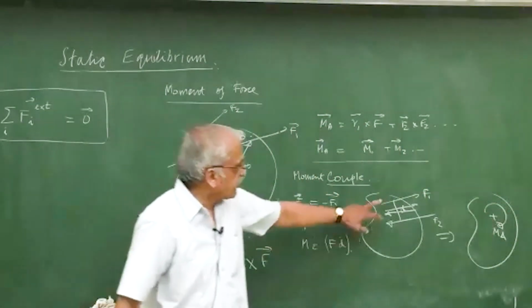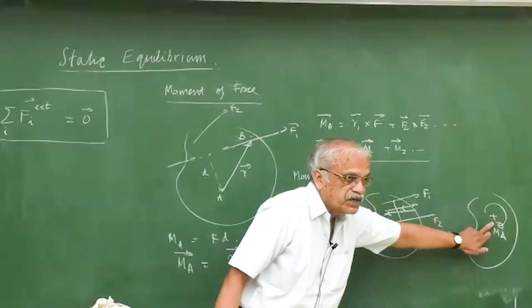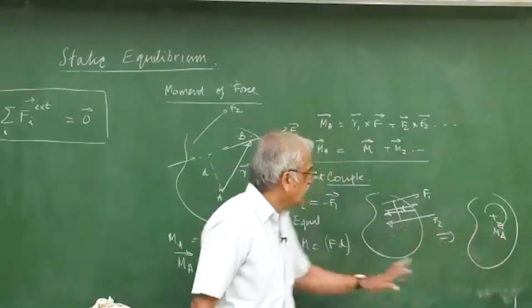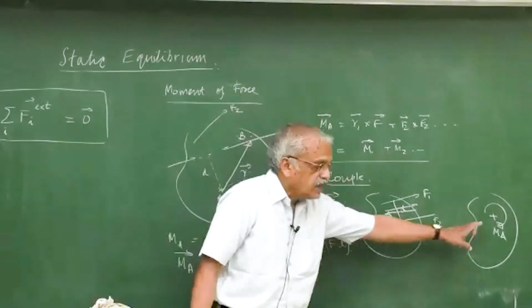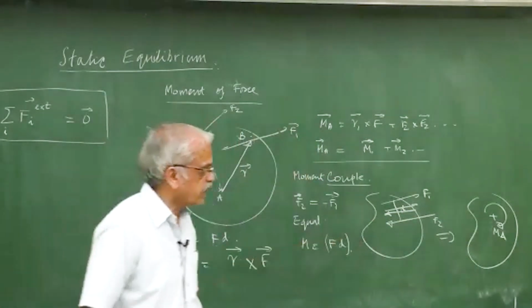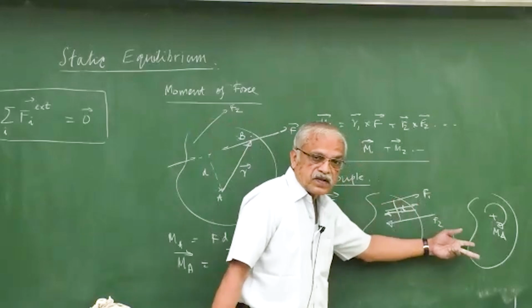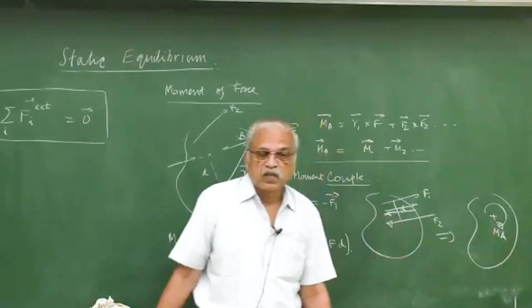The effect of these two forces which are equal and opposite and parallel is simply equivalent to an F into d. So it will not enter the force equation. It will enter the moment equation directly, because there is no net force here, right? Now it is generated by two equal and opposite forces, so it is finally equivalent to a moment.